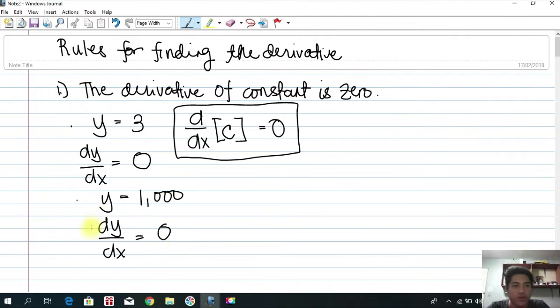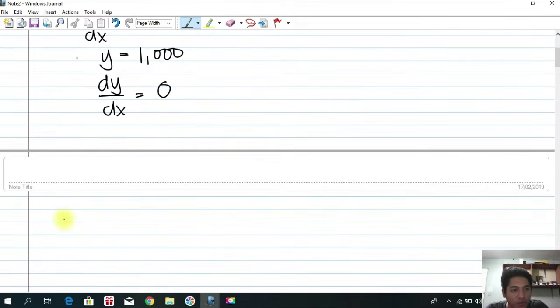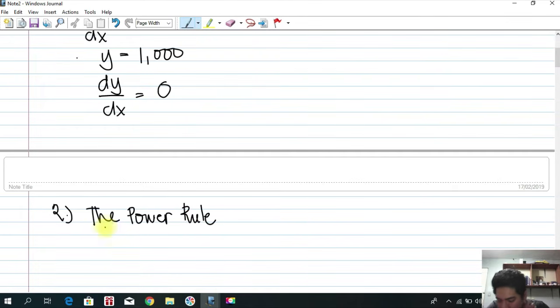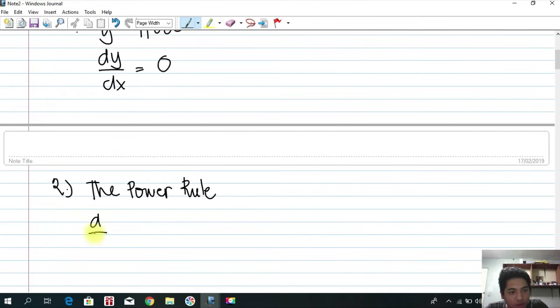Okay? So for our number 2 rule is what we call the power rule. So, the power rule has this formula: d over dx of x raised to any number n is actually equal to n times x raised to n minus 1.